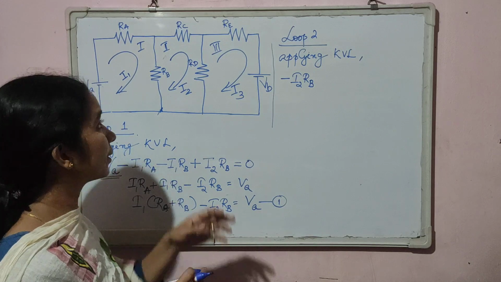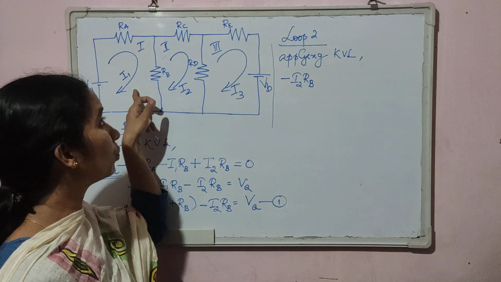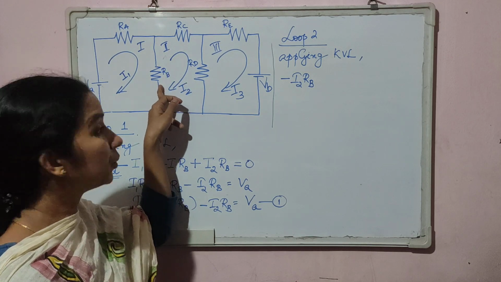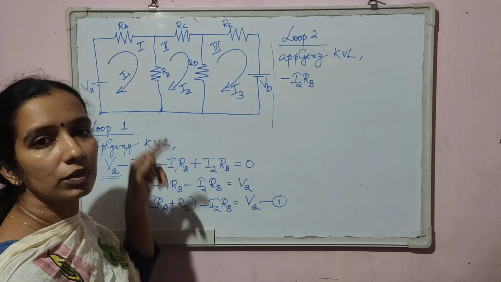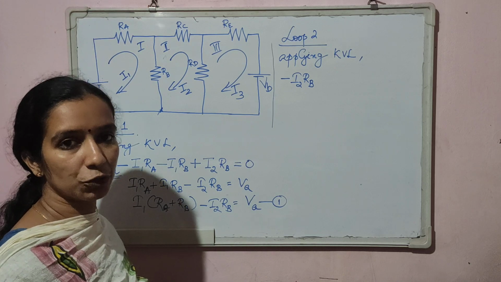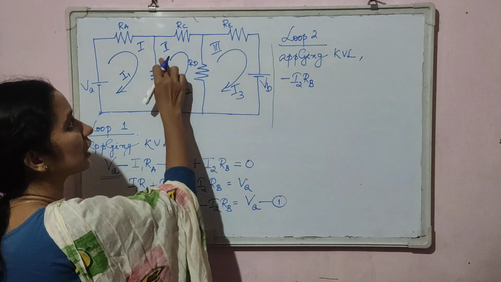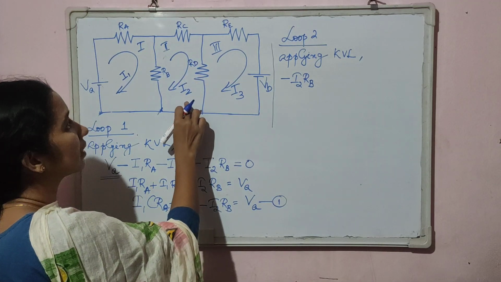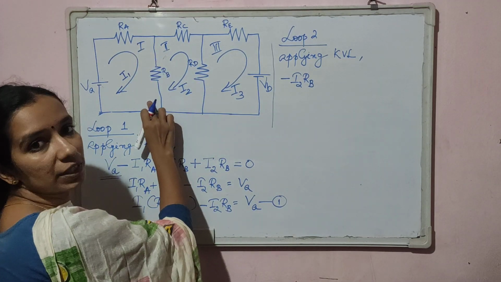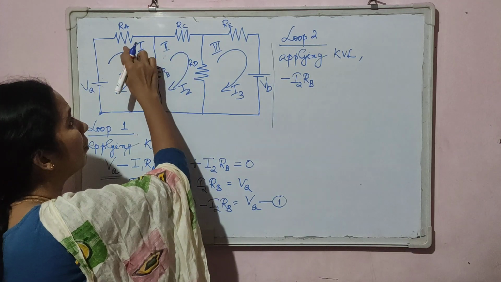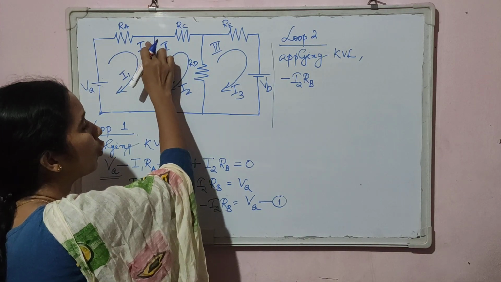Now here also RB is common to loop 1 and loop 2. So there is a voltage drop in RB due to I1 also, and we have to consider that voltage drop also. We are tracing mesh 2 in this direction, and I1 is flowing in the opposite direction. We are moving from this bottom point to the top point, but I1 is from top to bottom.